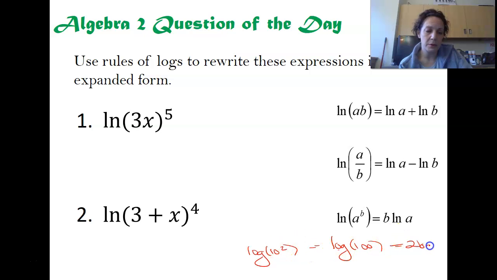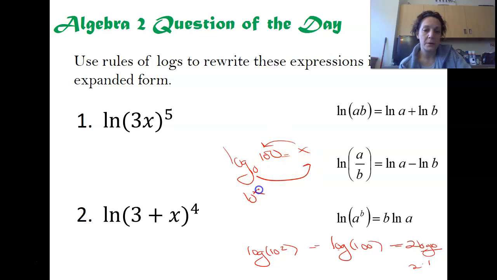So 2 log of 10, and we know that the log of 10 is 1, because what do I have to raise 10 to, to get 10? 1. So guess what? It's 2. This question originally was asking, if you have a log in base 10 of 100, 10 to the what gives me 100? Our answer is 2.